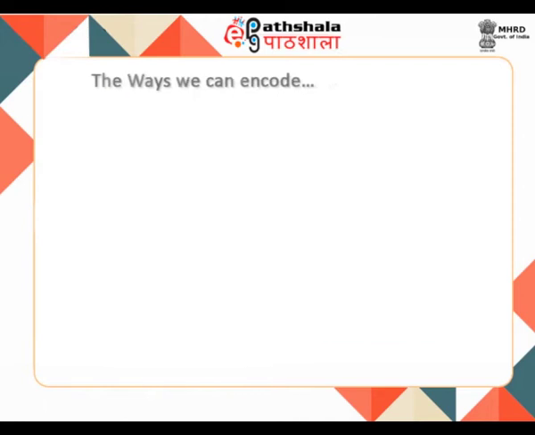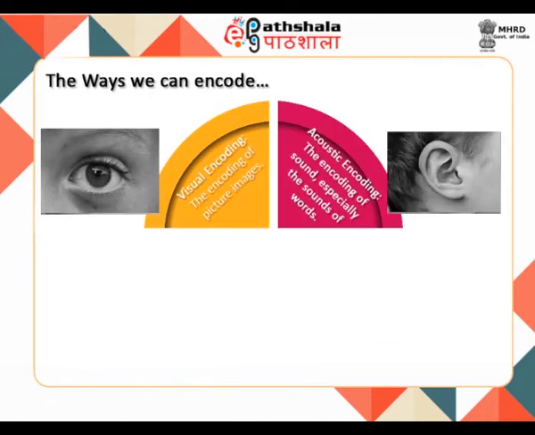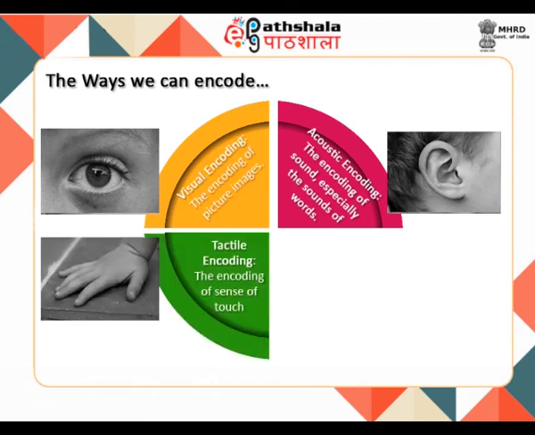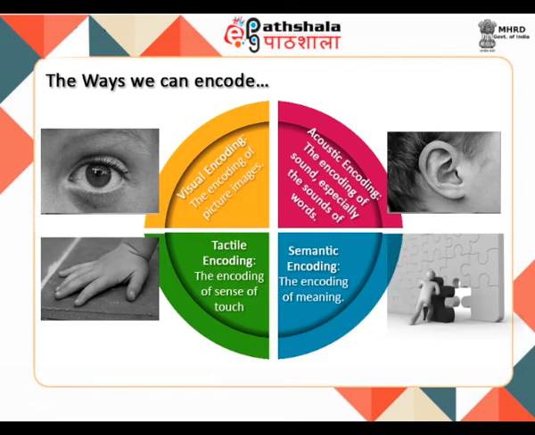There are four main types of encoding, namely visual encoding, acoustic encoding, tactile encoding, and semantic encoding. Let us now understand them one by one. First is visual encoding, which is the process of encoding images and visual sensory information.